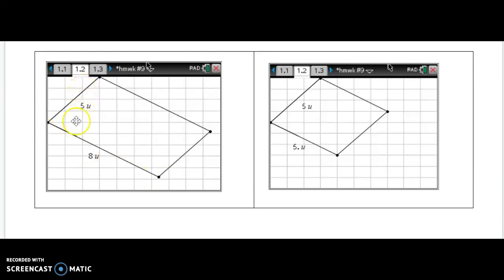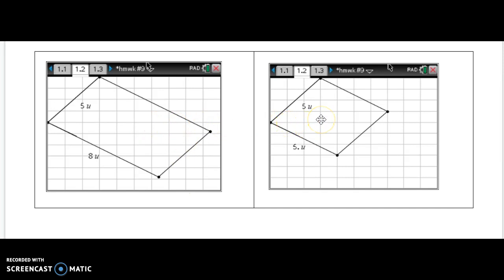So I have 5 units going this way, and I did measure these angles, and yes, they are 90 degrees, even though it doesn't look like it. And I realized that 8 units out from this point would not fall on the grid. In fact, the next grid point would be somewhere down here, but that makes the rectangle too long, and therefore we don't have the ratio. So I scratched this one.